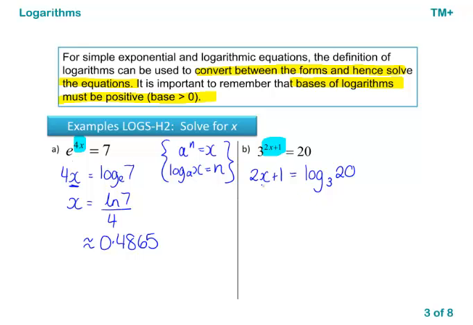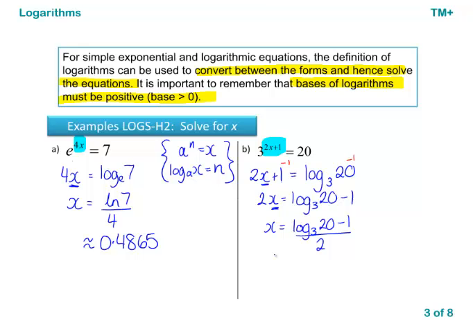From here, I want to get x on its own, so I take 1 from both sides. Now I have 2x equals log 3 of 20, take 1. I still need to divide both sides by 2, so x equals log 3 of 20 minus 1, all divided by 2.